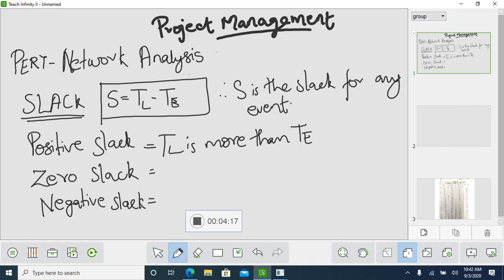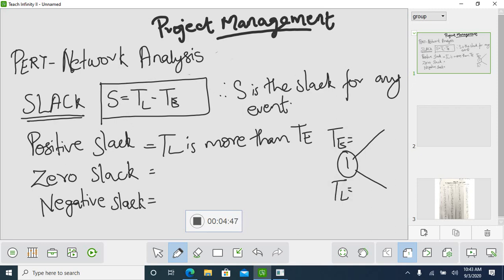Coming to zero slack, zero slack is obtained when TL is equal to TE for an event. For example, take event 1. I have already told you to write TE above your event and TL below your event.